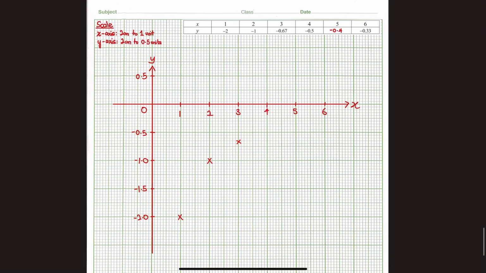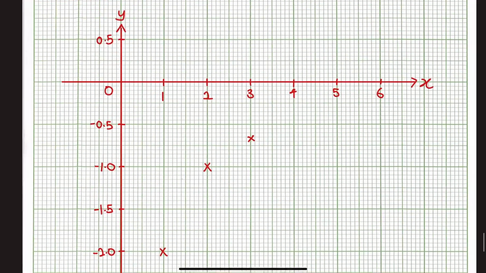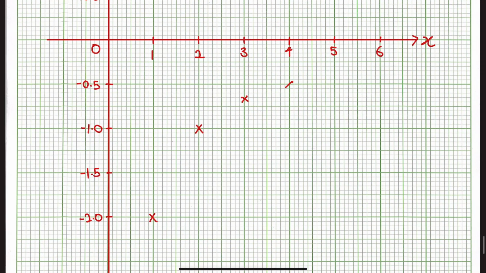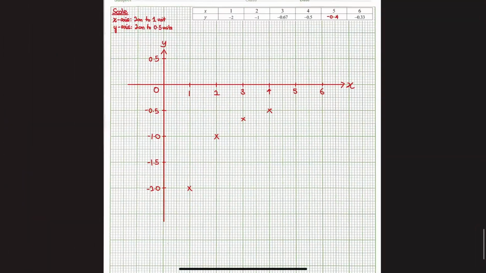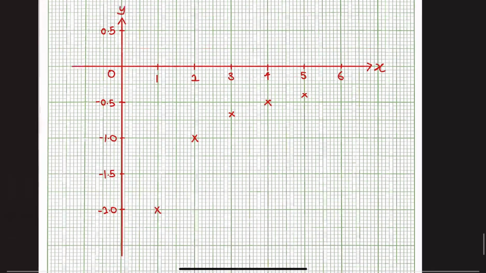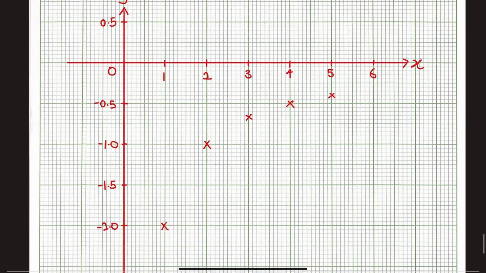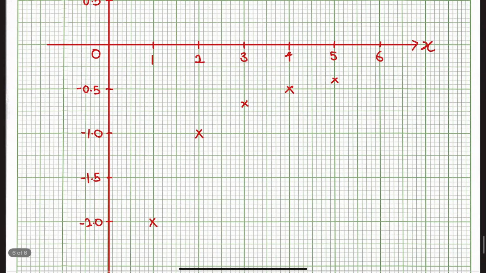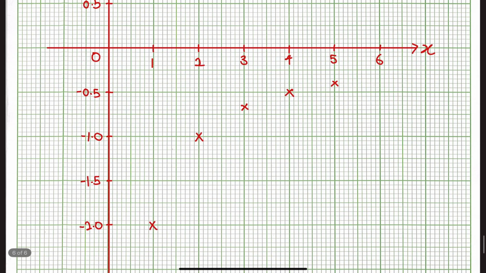Okay, when x is equal to 4, y equals negative 0.5 here. When x is equal to 5, y is negative 0.4 here. And when x is equal to 6, y is negative 0.33, somewhere about here.